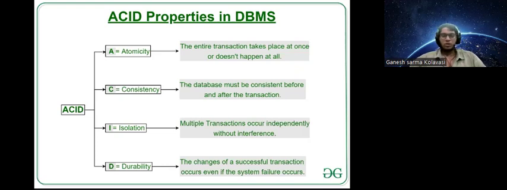Coming to the next, consistency, C. The database must be consistent before and after the transaction, which means if there is a transaction between two bank accounts, and there is a debit operation on the first bank account, which is the funding one, and a credit operation on the second one, which is the gaining one, the amount deducted from the first account should be credited into the second account.